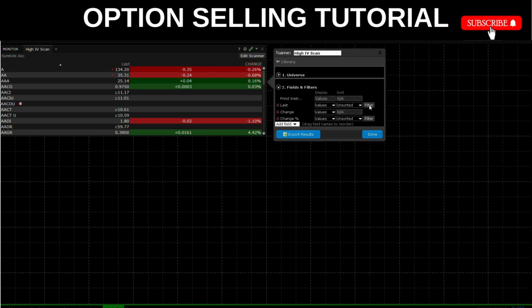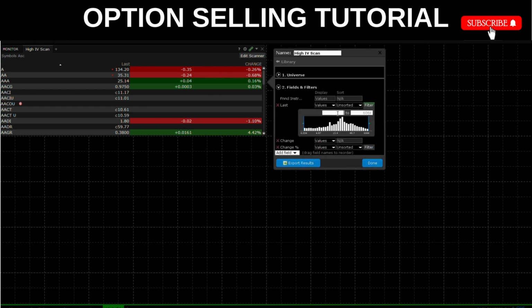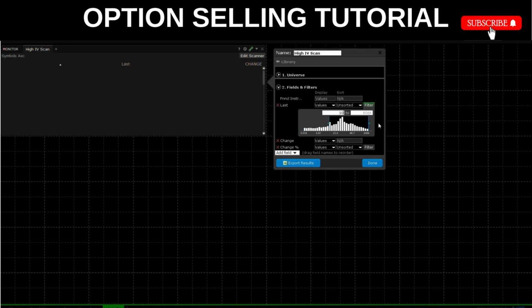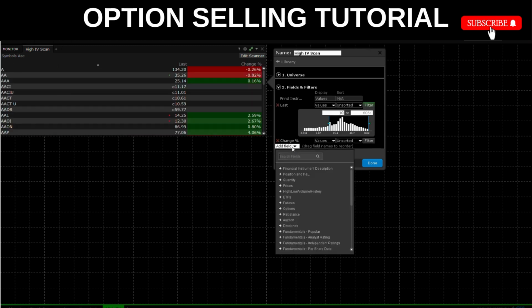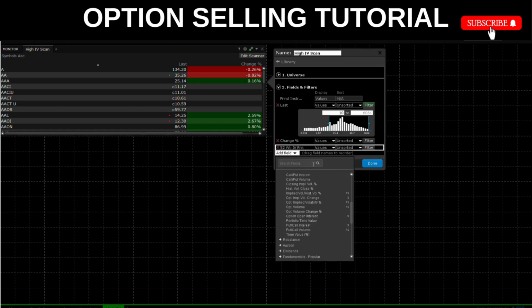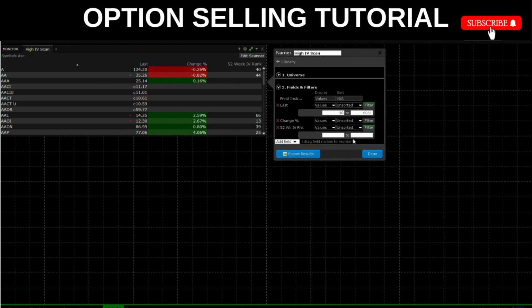We don't want stocks that are penny stocks, so maybe a $10 minimum. Change doesn't matter much, and percentage change also doesn't matter. Now we go to options, and here we have the 52-week implied volatility rank.